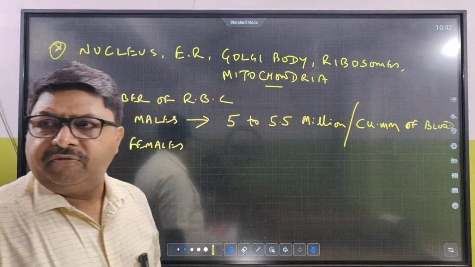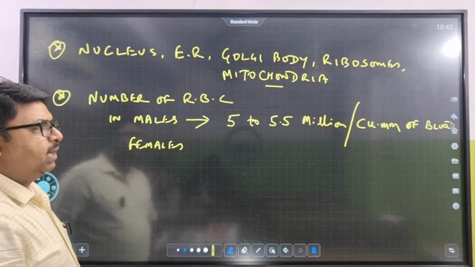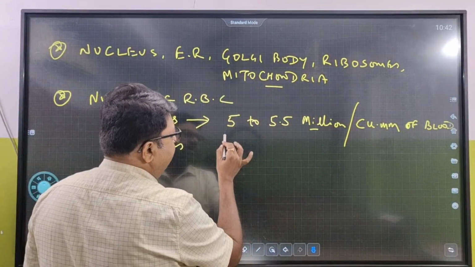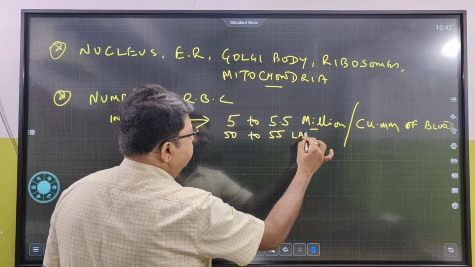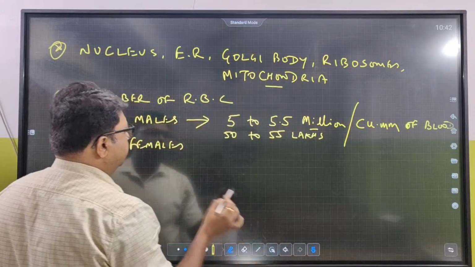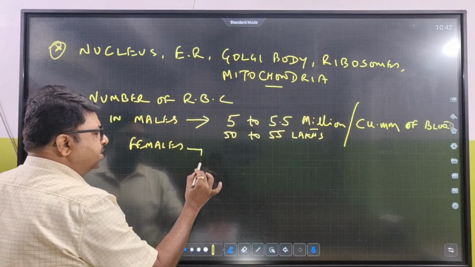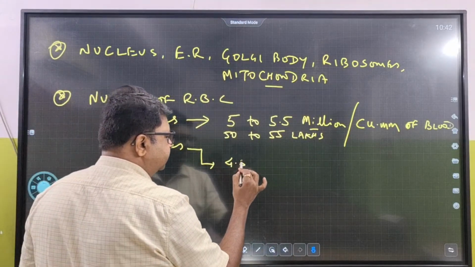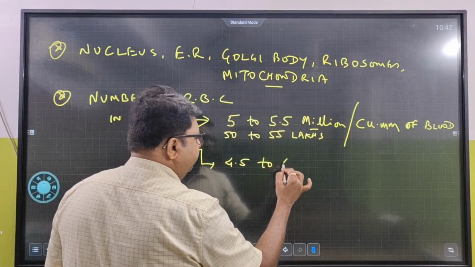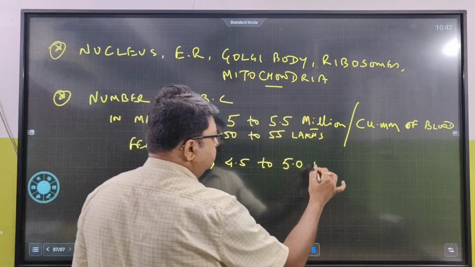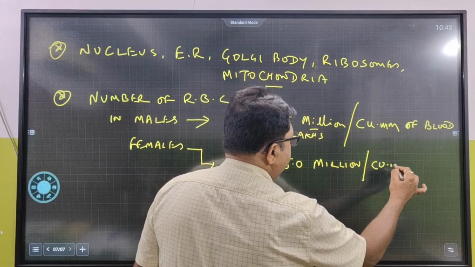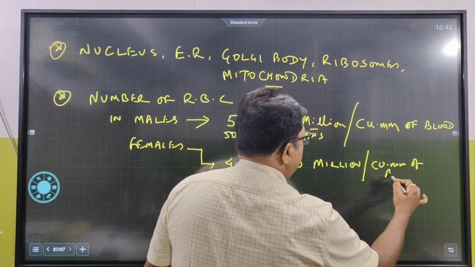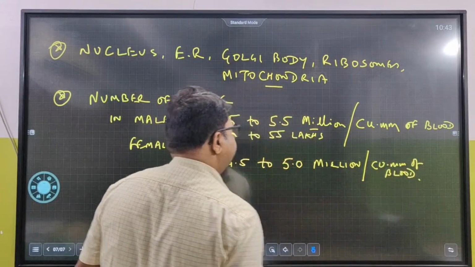This is the amount of RBC inside males, and we know million means lakhs, that means 50 to 55 lakhs per cubic millimeter of blood. In case of females, it is a little bit less. What is that? 4.5 to 5 million per cubic millimeter of blood.